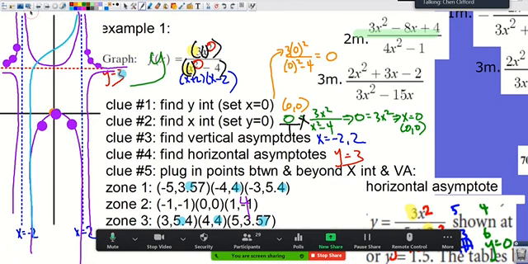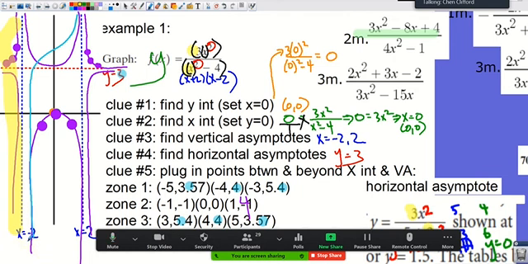In zone 1, this is where I want you to use your graphing calculator. So take out your graphing calculator. If you look at zone 1, which is the yellow highlight right here, you have a vertical asymptote of -2.